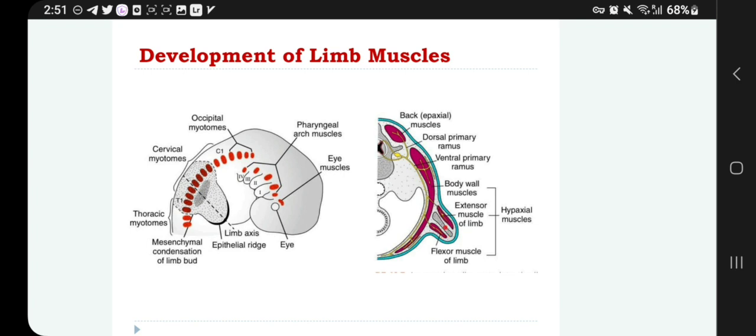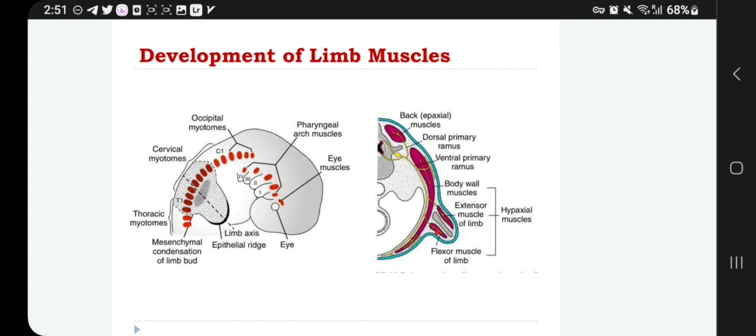Okay, but you can see the ventral nerves divide into two nerves, okay? In this posterior, and here in anterior, or ventral and dorsal.